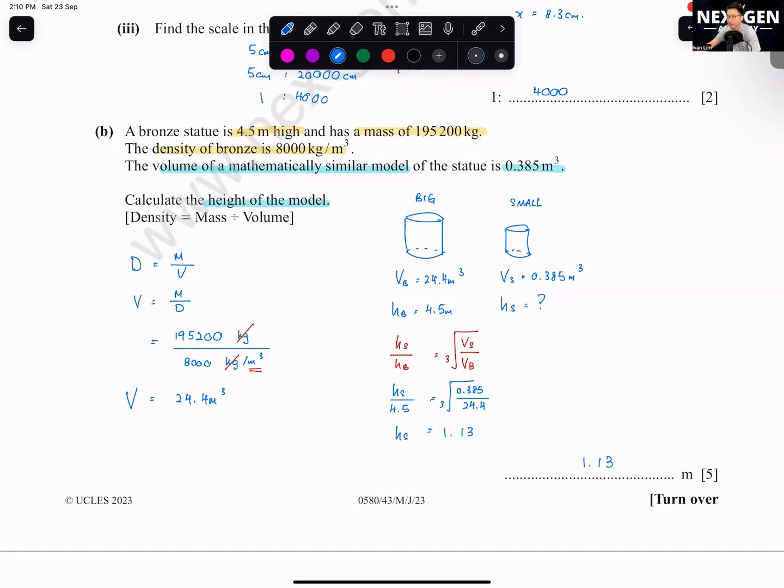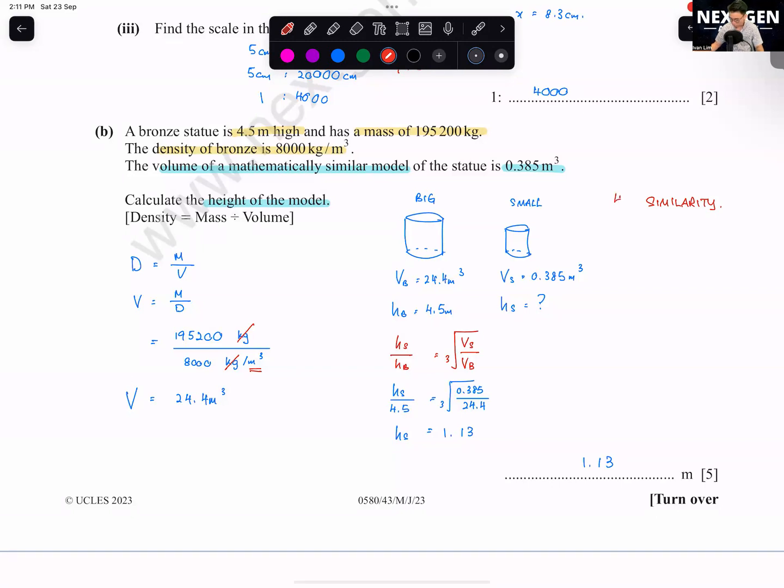This is a 5 marks question. What chapter is this? Similarity, chapter 1. Let me see where else got. 4.4 also got.